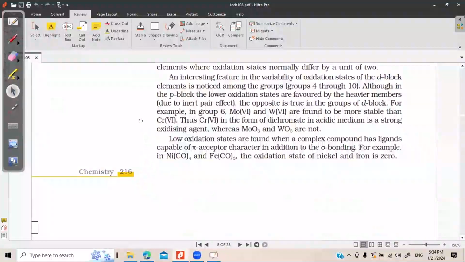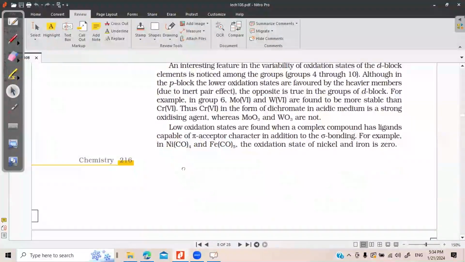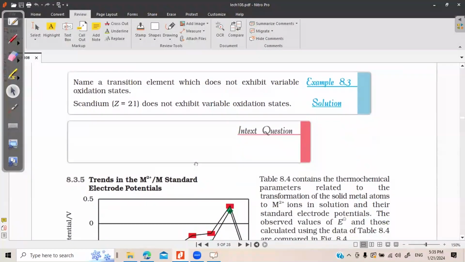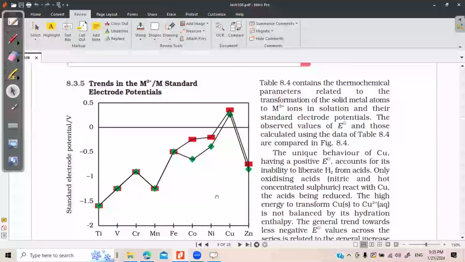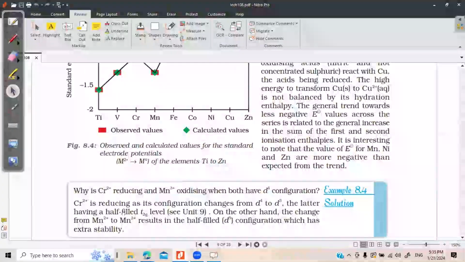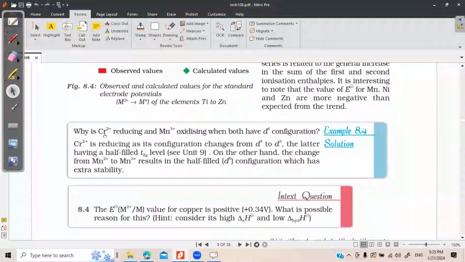So like that, there are some give-reason type questions purely based on the electronic configuration. You must understand the electronic configuration of these elements to answer give-reason type questions. Now see, for example, here: why is Cr +2 reducing and Mn +3 oxidizing, where both have d4 configuration?